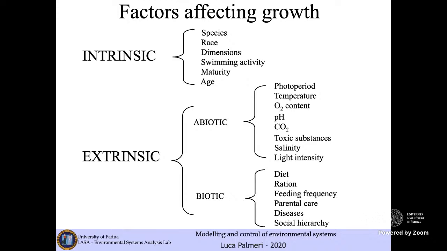We may, in turn, classify these factors into two general classes: abiotic and biotic factors. Abiotic factors are related to the surrounding conditions in which the living system I'm studying is embedded, in particular, for example, photoperiod, how much light.